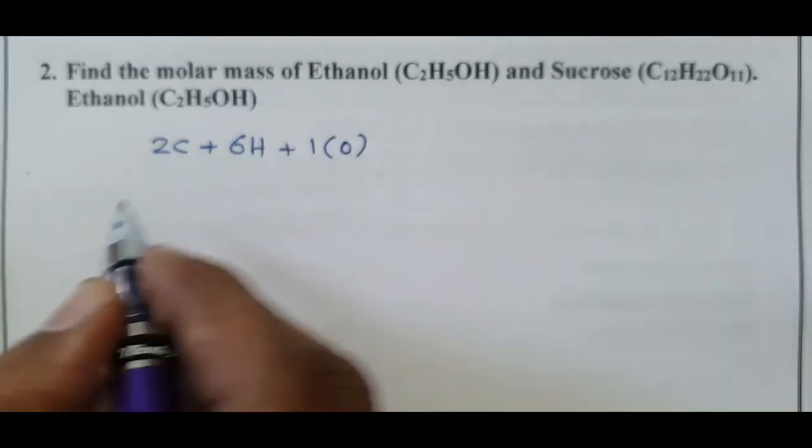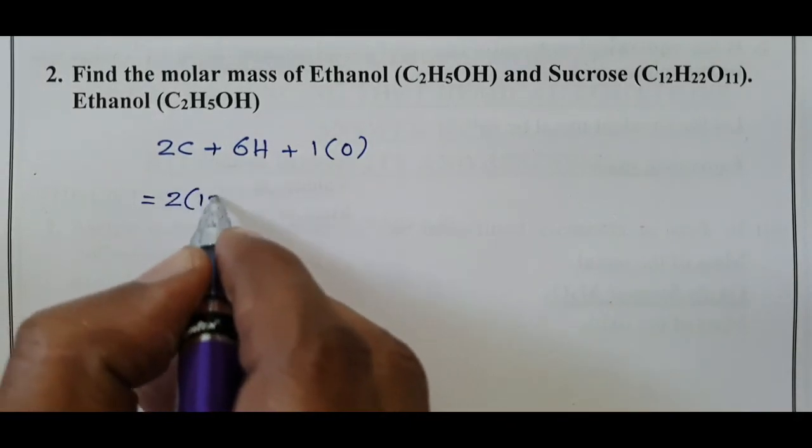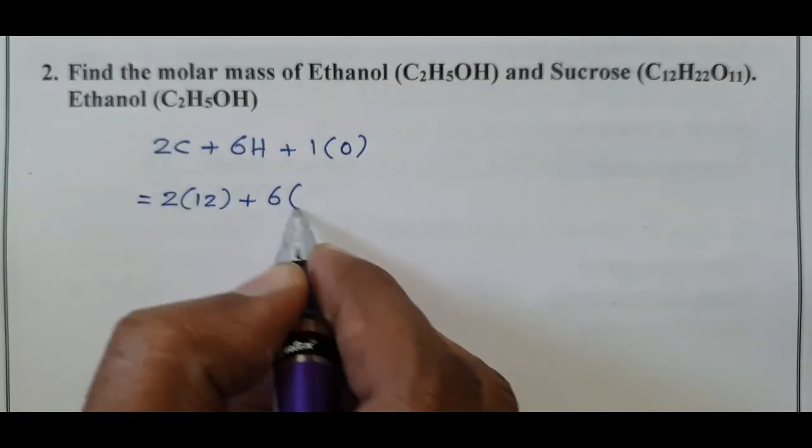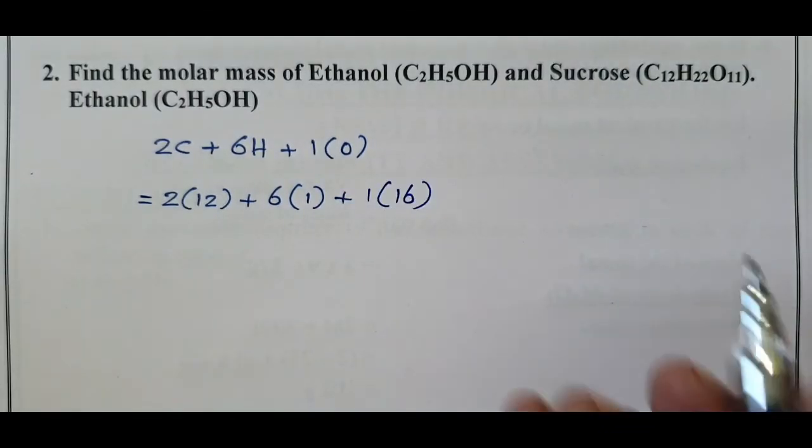Only 1 oxygen, that is equal to 2 into carbon atomic mass 12 plus 6 into hydrogen atomic mass 1 plus 1 into oxygen atomic mass 16.